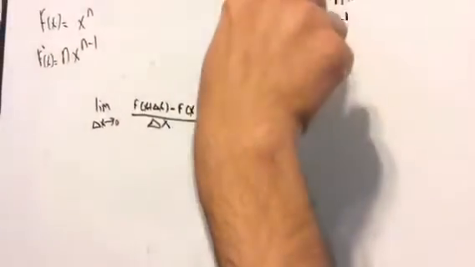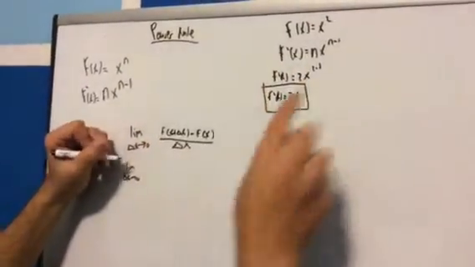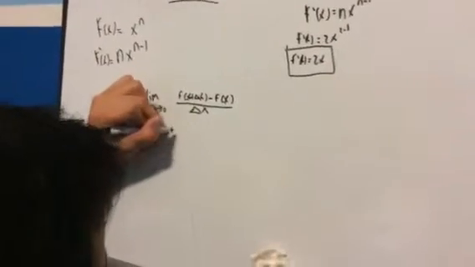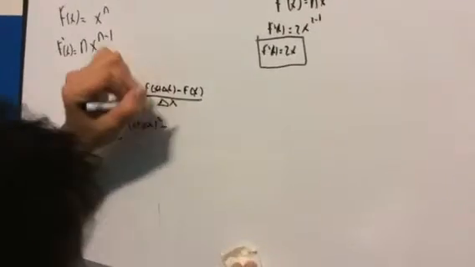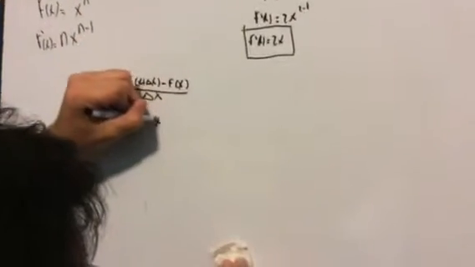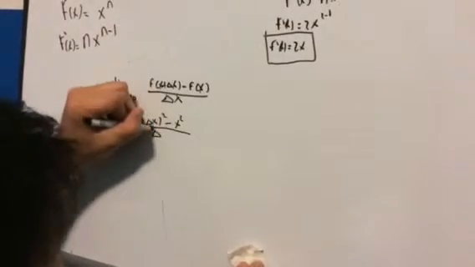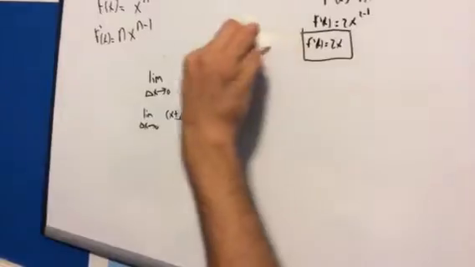So our function, remember, is f of x equals x squared. So what we're going to be doing here is the limit as change of x approaches 0 of f of x plus change of x. So we're going to write this as x plus change of x squared minus x squared all over the change of x. Now we're going to simplify this equation.